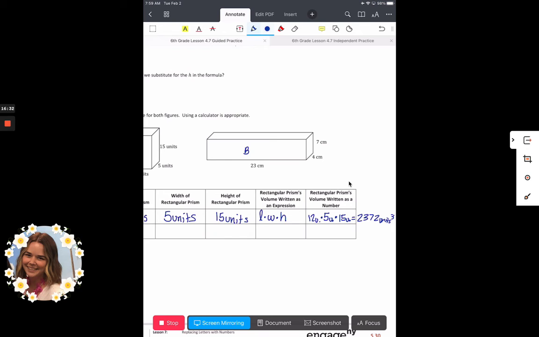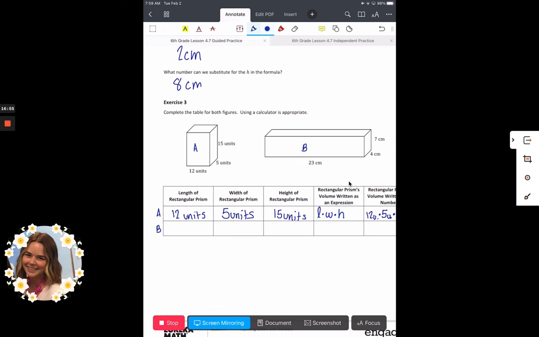We're multiplying units by itself 3 times. The way that I always remember it is units squared for area of a 2-dimensional shape, because a square is a 2-dimensional shape, and units cubed for 3-dimensional shapes, because a cube is a 3-dimensional shape.